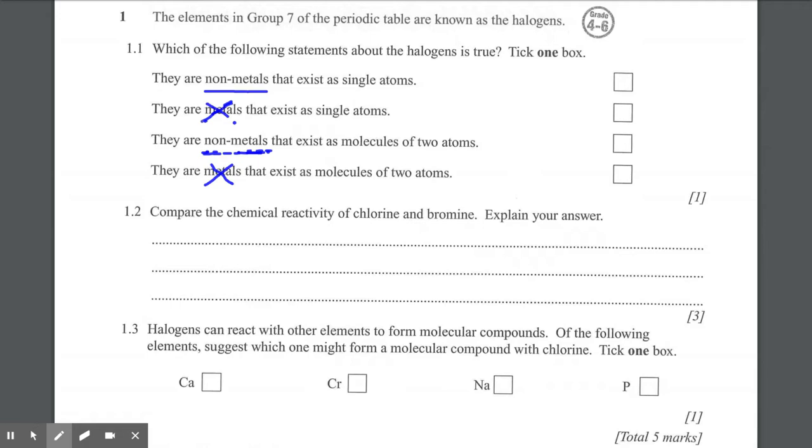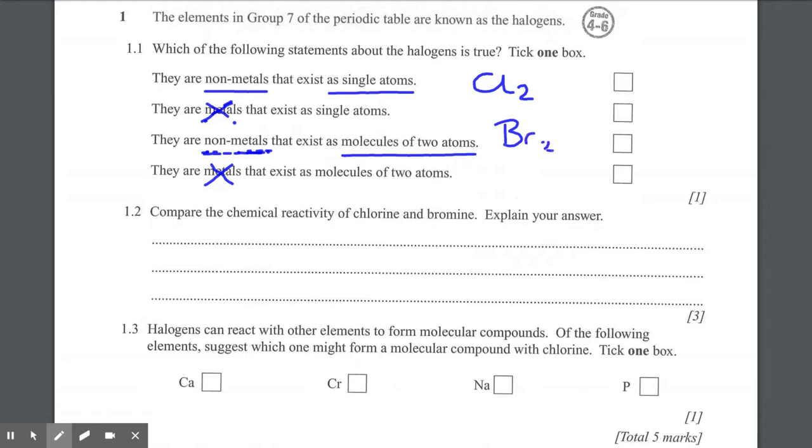The question then comes from whether or not we know they are existing as single atoms or as molecules of two atoms. Now, we know from balancing equations that whenever we have a halogen in an equation and we need to balance it, we have to first of all ensure that we've got Cl2, for example, or Br2.